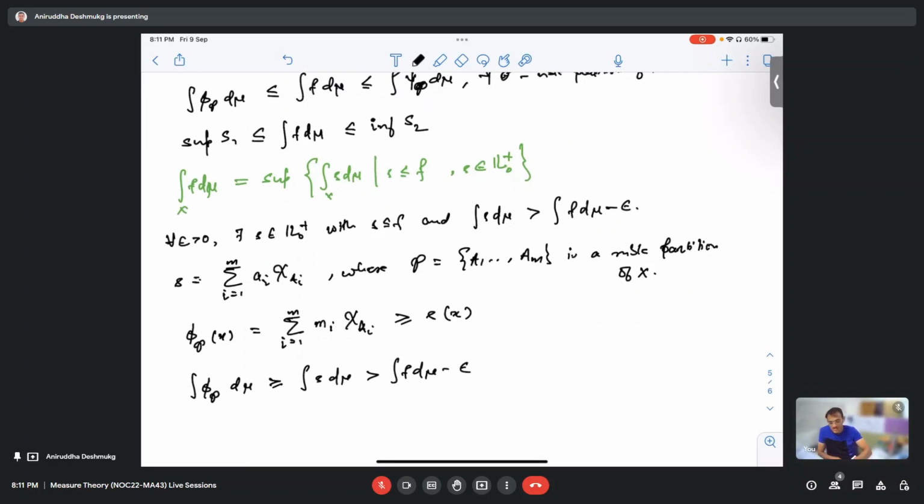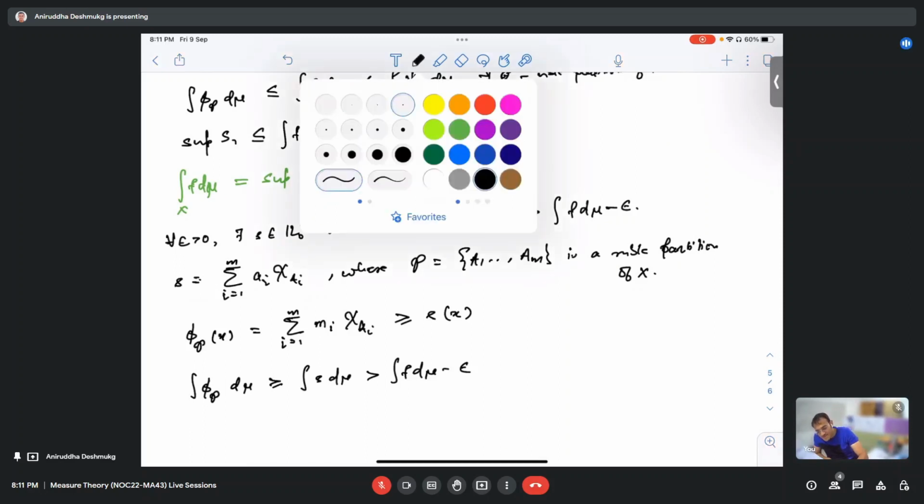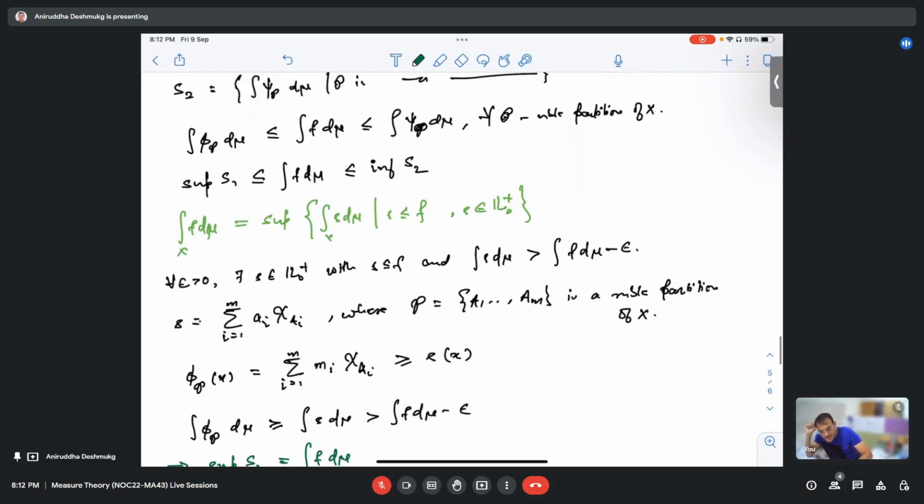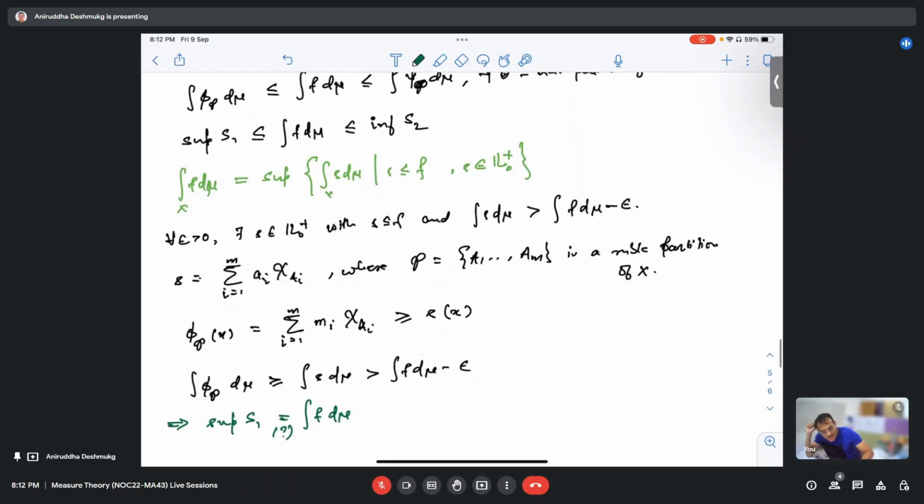So from here, can we say that the supremum of S1 is exactly equal to the integral of f dμ? Yes, because epsilon is arbitrary. Because we have already seen that the integral of f dμ is an upper bound, and we have proved that the integral of f dμ minus epsilon is no longer an upper bound, so it must be the least upper bound, or the supremum.